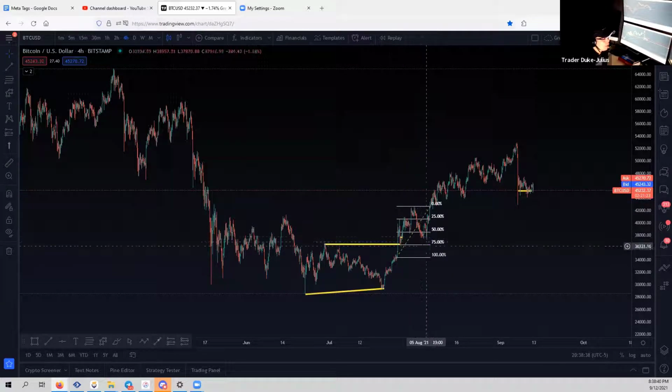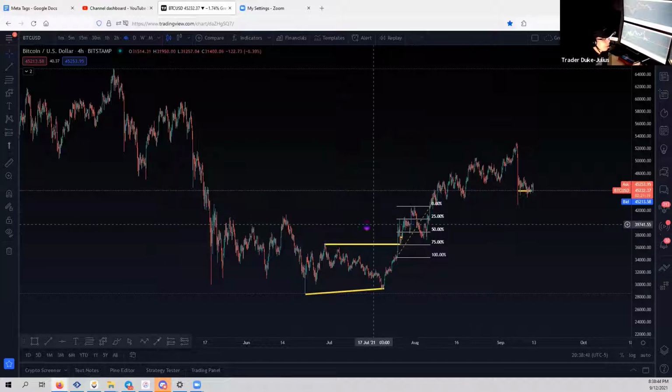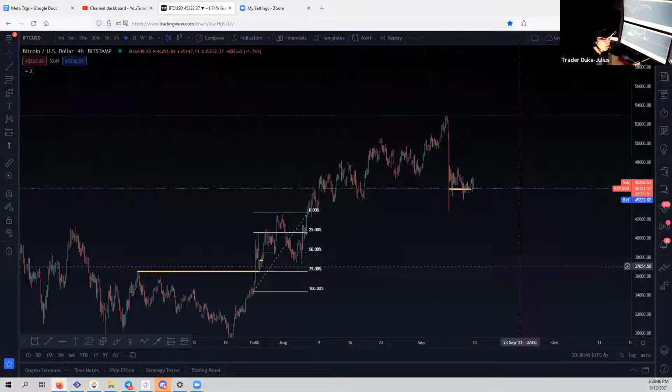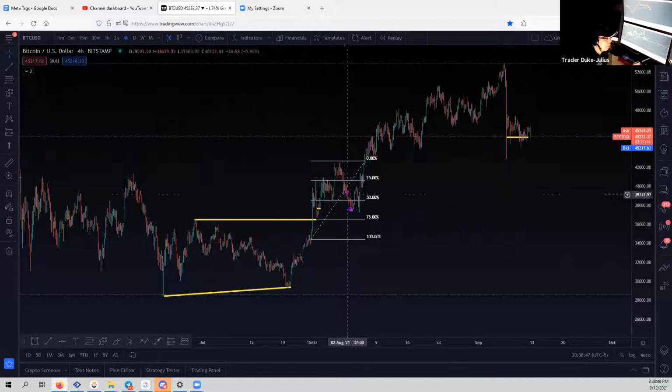When price goes into the 50 range or better, they want discounts. So they push this. This was probably a significant order block pullback, right?